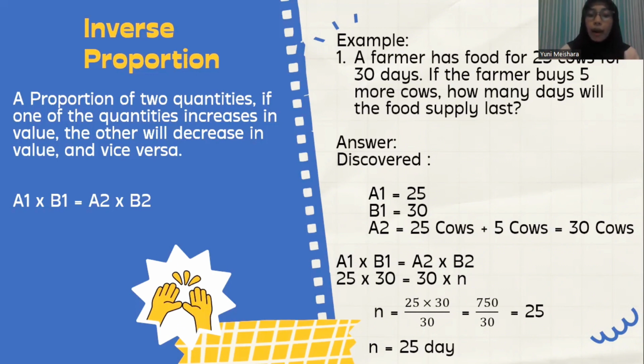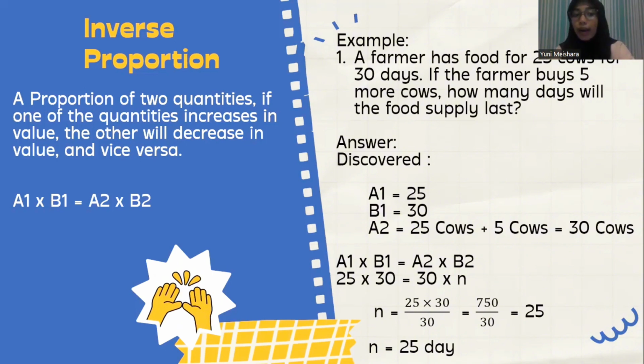If the farmer buys 5 more cows, how many days will the food supply last? Known: A1 equals 25, B1 is 30, and A2 is 25 cows plus 5 cows, which is 30 cows.